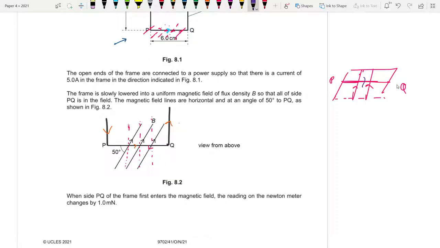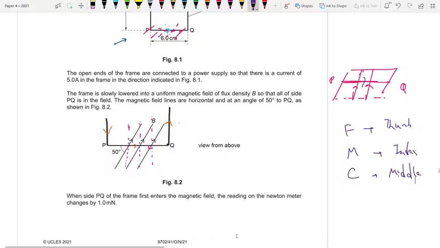So it's father, mother, child. FBI: F thumb for force, B for magnetic field for index finger, and I for current, that's the middle finger. Okay, so the middle finger should point to the right, and the index finger should point into the screen according to my diagram.